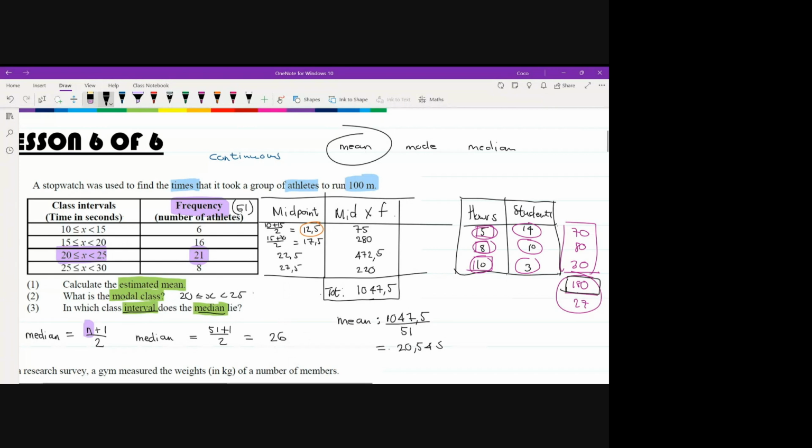The answer is not 26. What we're going to look for is the person sitting in the 26th position. Remember, if we organize all of this data, the first 6 values will be between 10 and 15. The next 16 values would be between 15 and 20. So we're looking for the person whose value is in the 26th position.